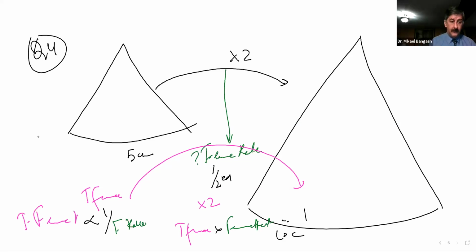So what did we have as a T frame? It was doubled. The frame rate is halved. So 2 times one half is equal to 1.